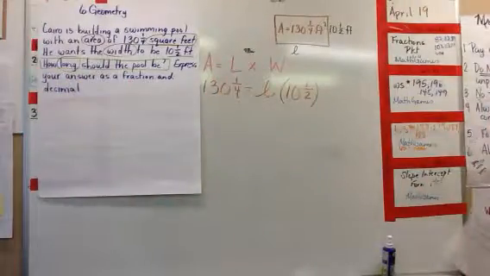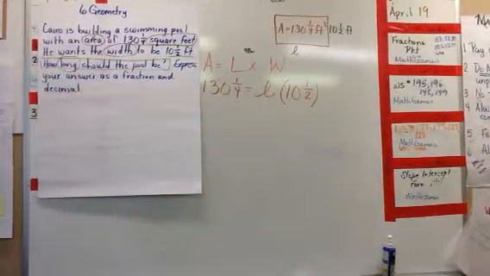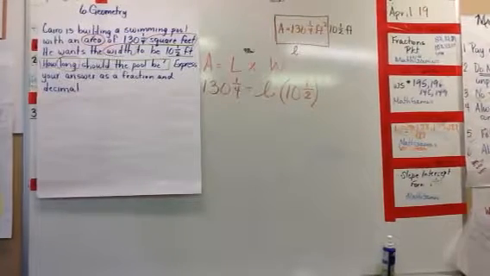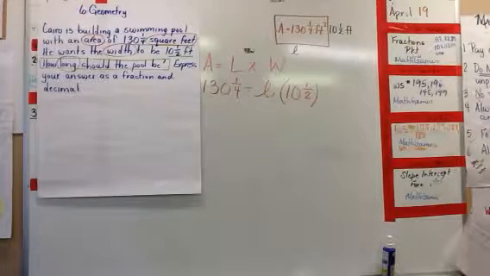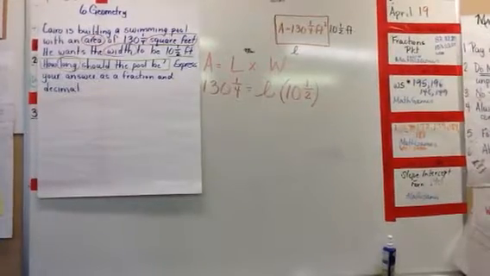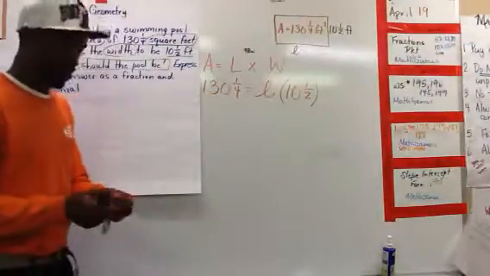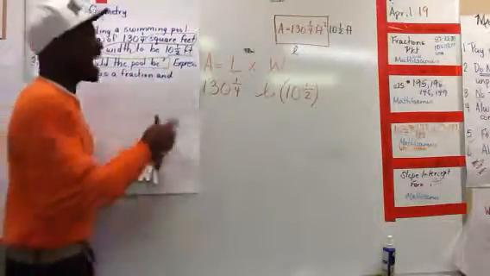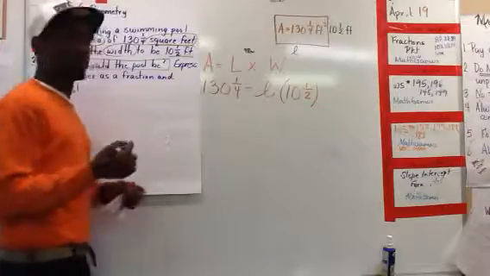Absolutely. Let me grab a different color. All right, now I just solve for the variable, solve for L, okay? I hate fractions, Mr. Gray. I don't know what to do with them.